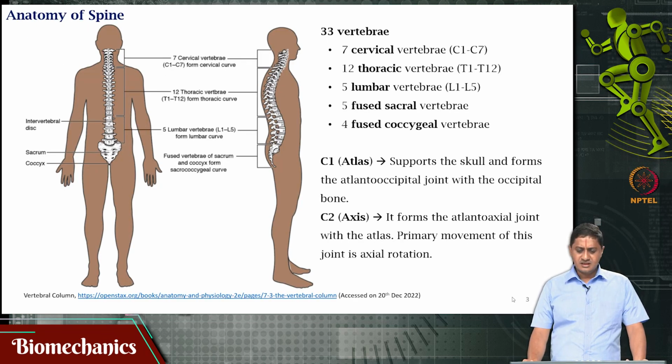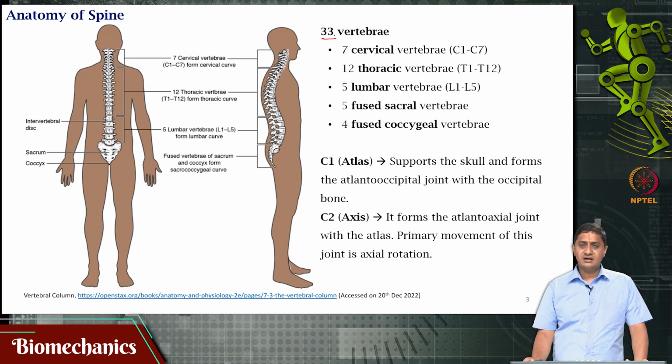It is a set of individual bony structures, 33 in number, that are attached together, that are separated, but at the same time also are attached, between which there can be small movements, but within them there cannot be movements.